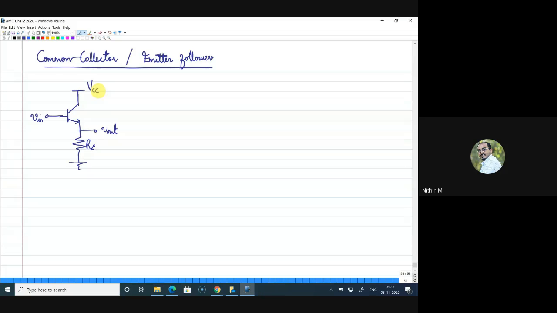You can draw the small signal model of the BJT, then modify it according to the given circuit diagram. That means you have to add a resistance Re, and since your collector is connected to VDD, that has to be properly grounded. Then mark input and output, and you should get the gain expression.